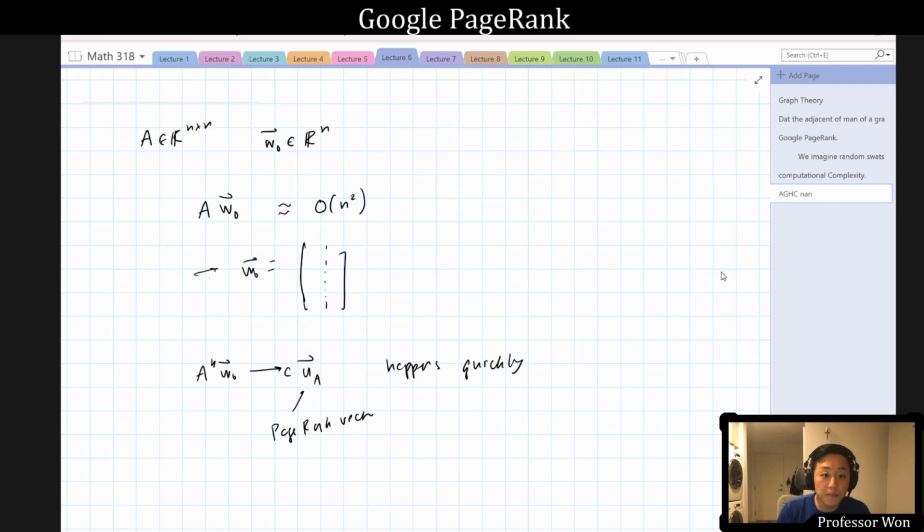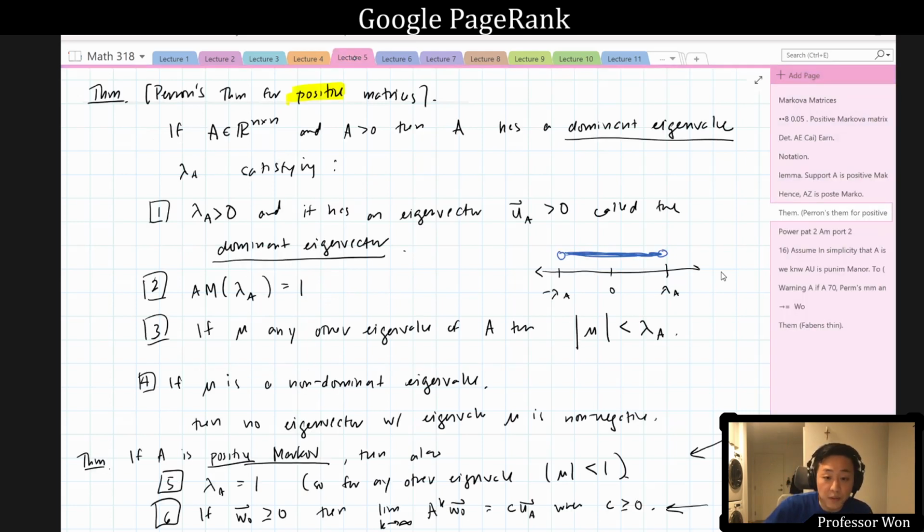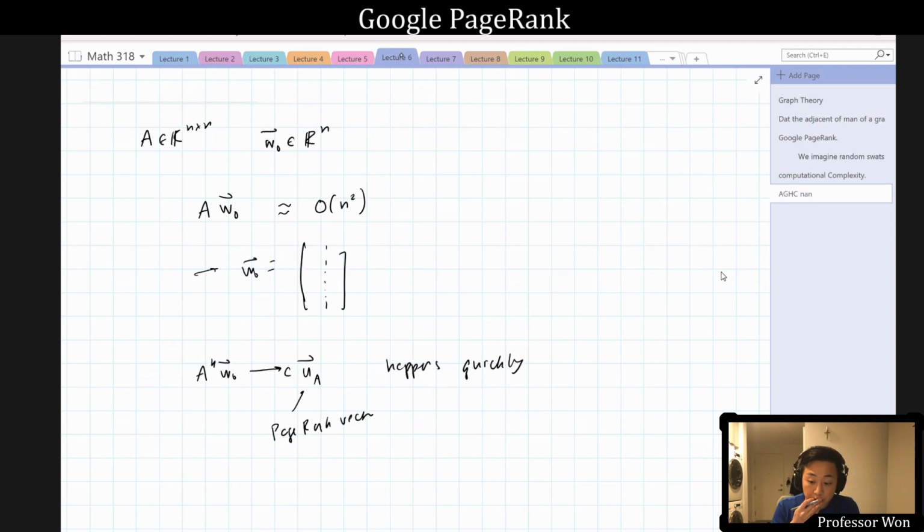So this sixth part of Perron's theorem, which to me seems like the least useful part somehow, is actually maybe the most computationally useful part, because it allows you to find, or at least approximate, the dominant eigenvector by doing a lot fewer operations. Okay, and in general, computational complexity of things in linear algebra is a surprisingly interesting subject.